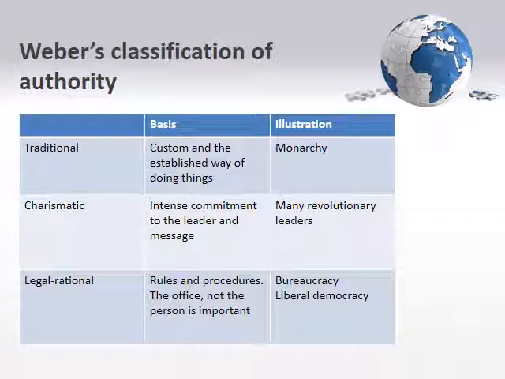And so in our democratic systems in the United States and other democracies, authority is vested in our Constitution, the rules of liberal democracy, which we'll get into, and our institutions, our bureaucracy.